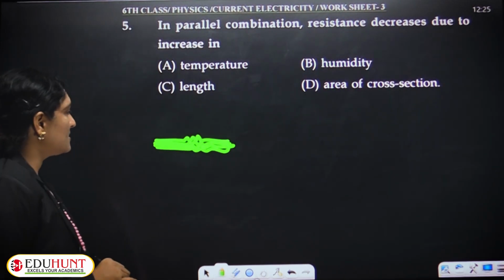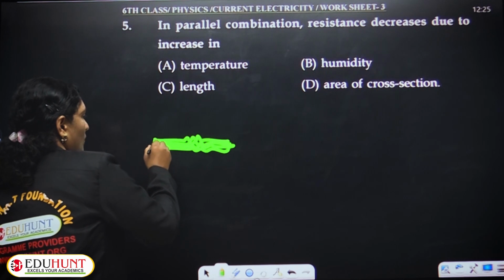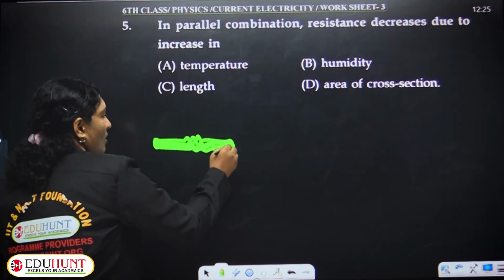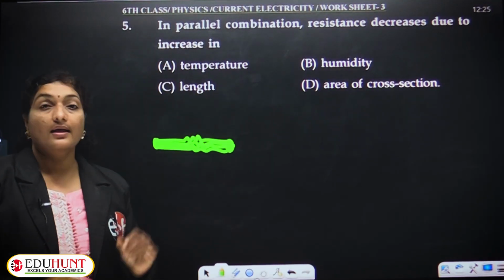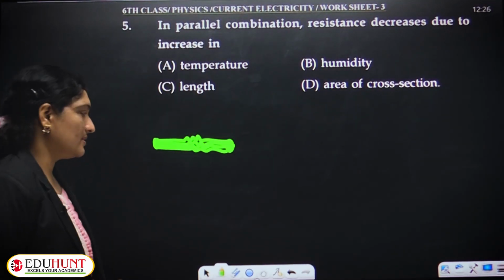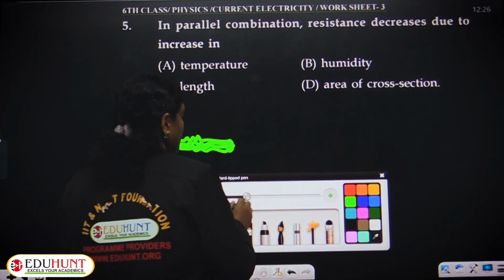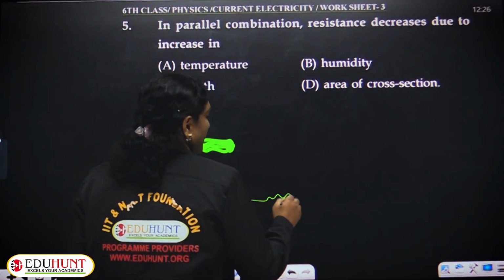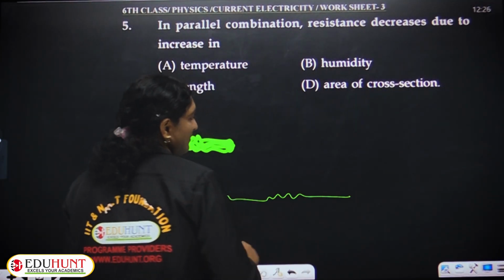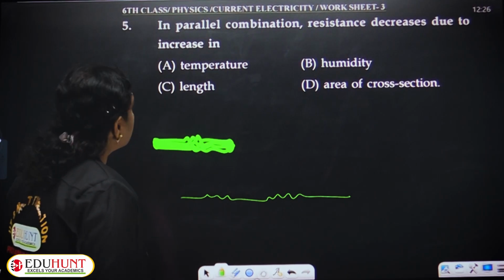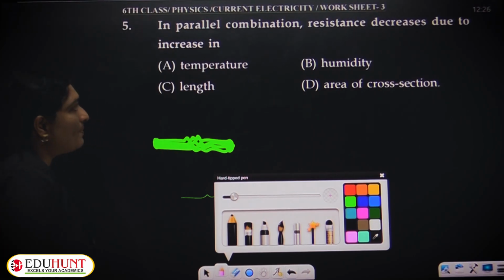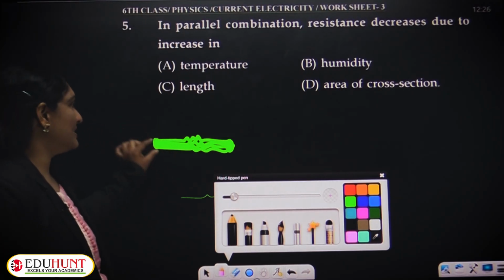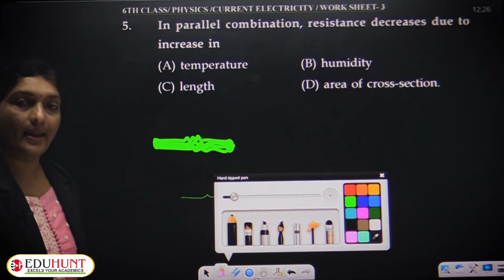If such resistors are connected in parallel, the area of cross section increases. When connected in series, the length increases. Hence, the correct option is: in parallel combination, resistance decreases due to increase in area.